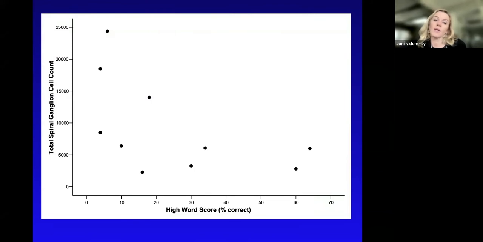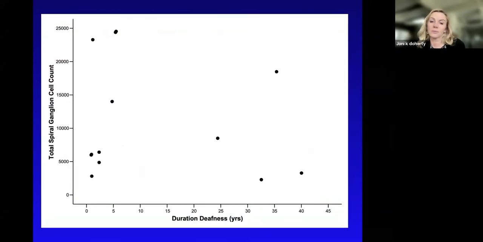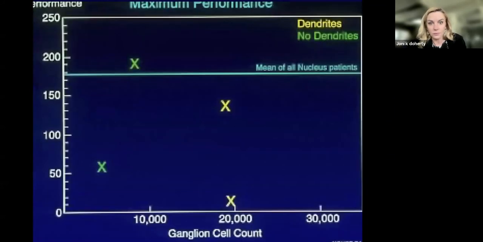Some with very high spiral ganglion counts had low performance, and some with very low spiral ganglion neuron counts, like this one, had better performance. And in addition, the duration of deafness did not really correlate to the total spiral ganglion count. So indicating that long-term or chronic use of a cochlear implant does not affect the spiral ganglion neuron population.